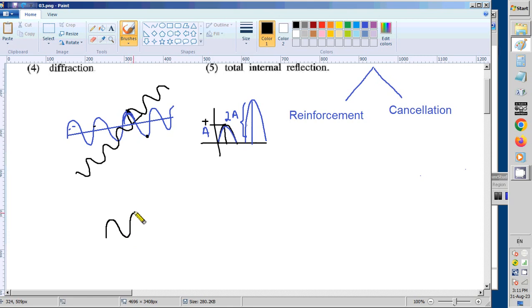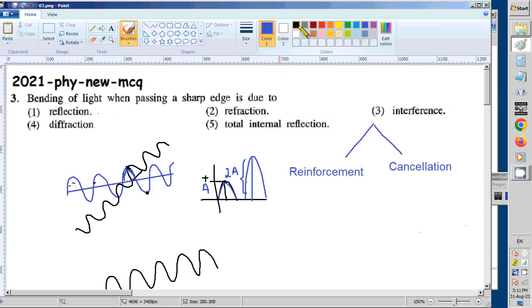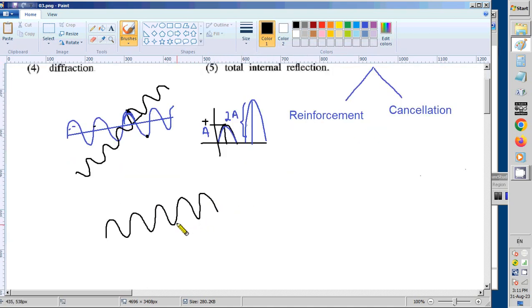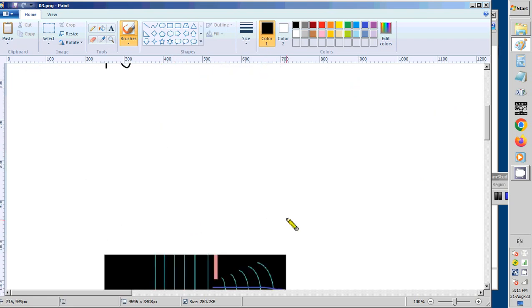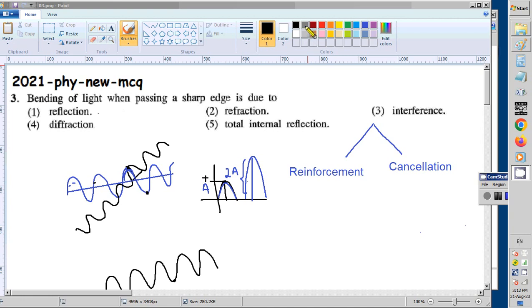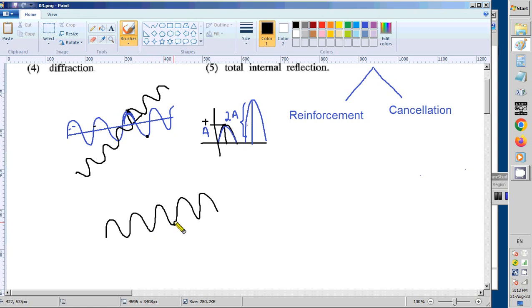If the black wave and the green wave overlap top to top like this, with the water particle here, then the negative amplitudes of both waves overlap each other.